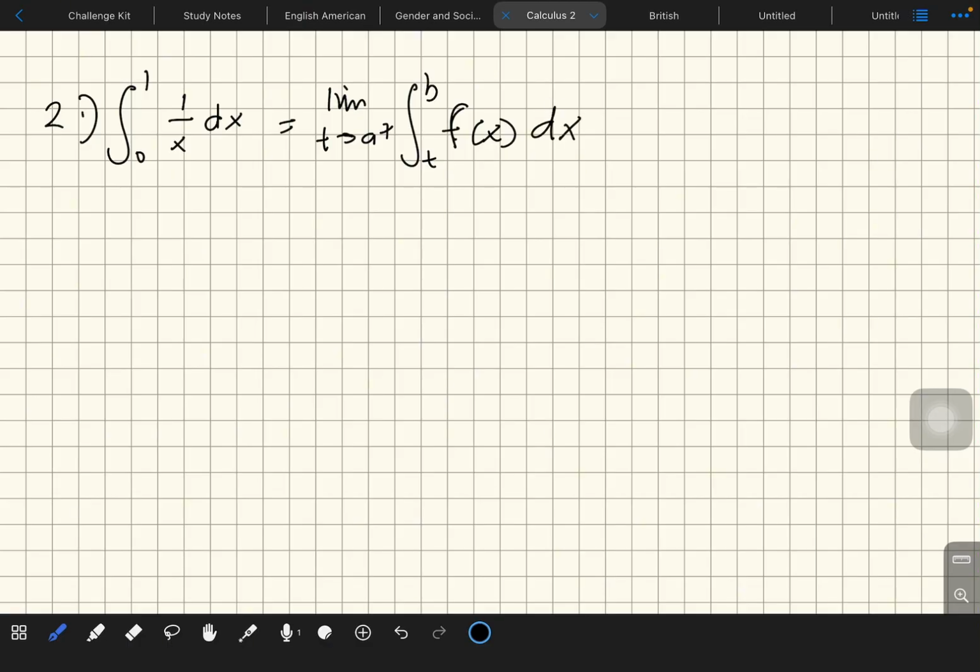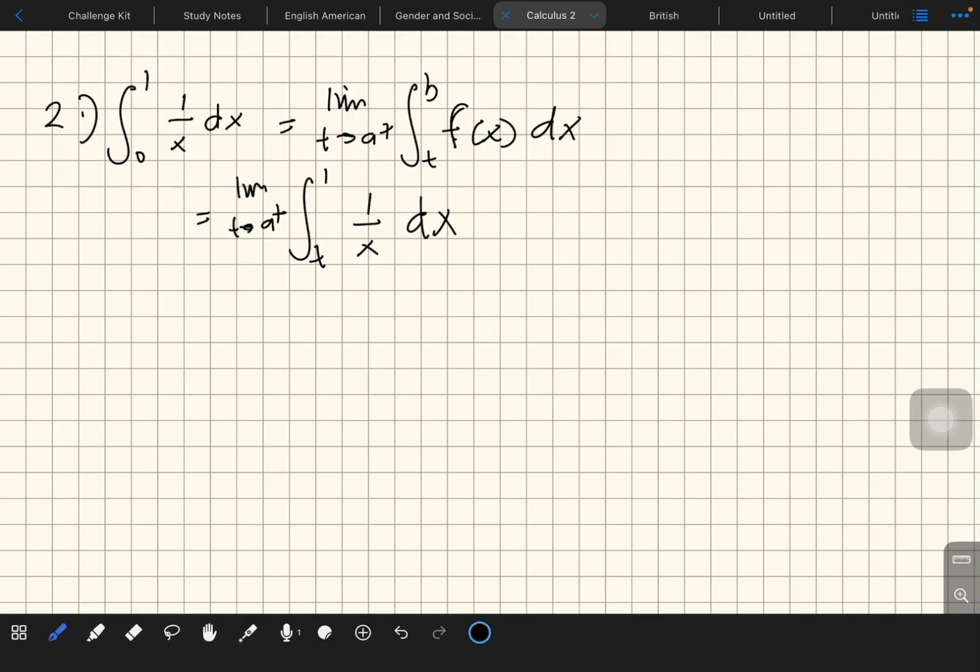Why? Because f is continuous at b and discontinuous at a. Then this will be our case. So now, limit t approaches a from the right, integral from t to 1 of 1 over x dx.